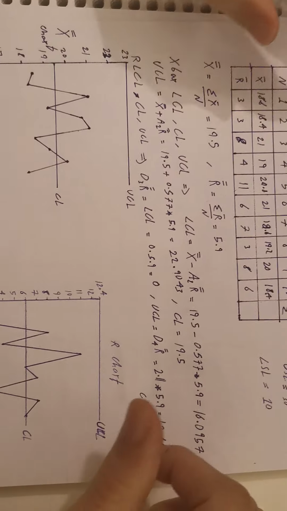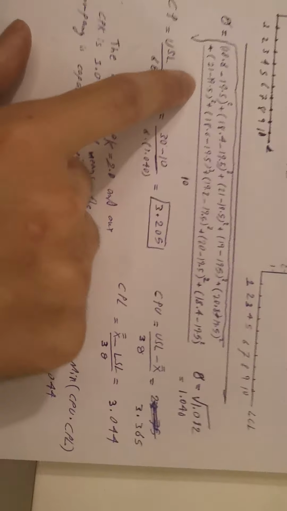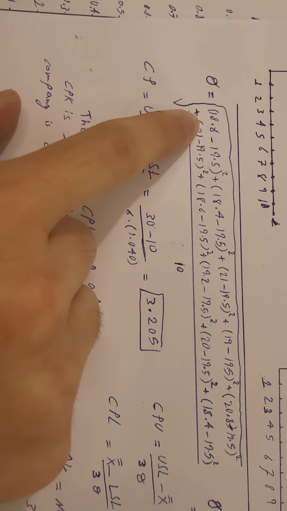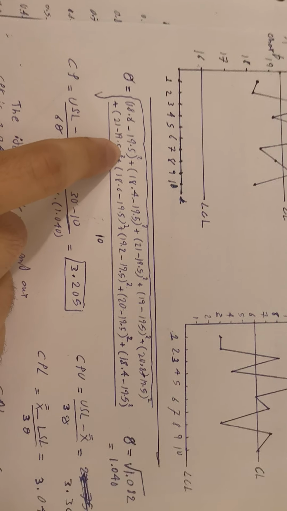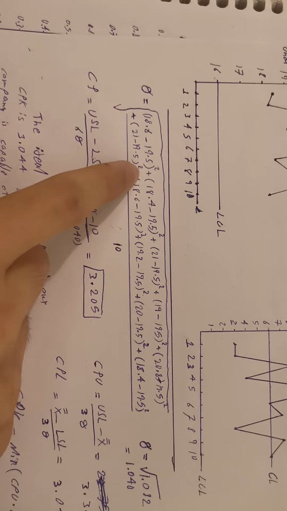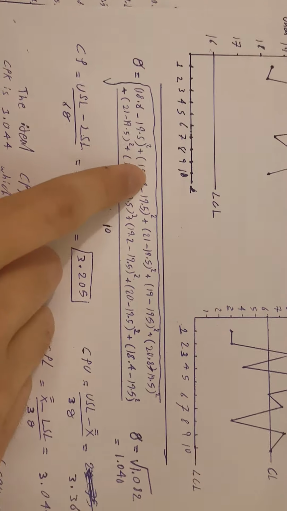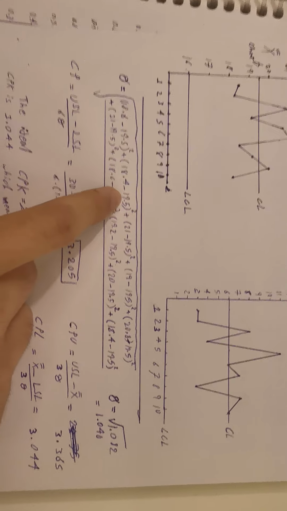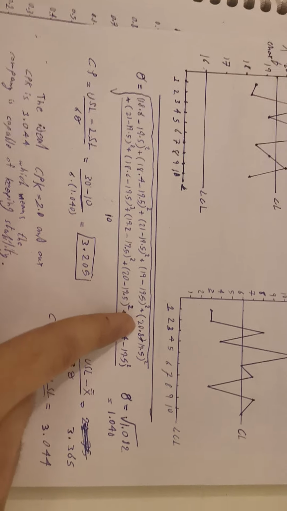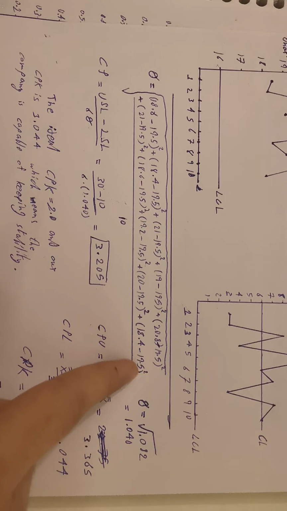You will understand better from an example. Here you can see we took the X bar value from the table minus the X bar grand value, all squared, plus we took the second value from the table, which is 18.4, minus the X bar grand, all squared, and we will do a summation of all the values.